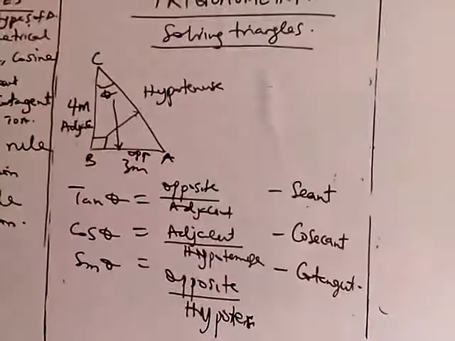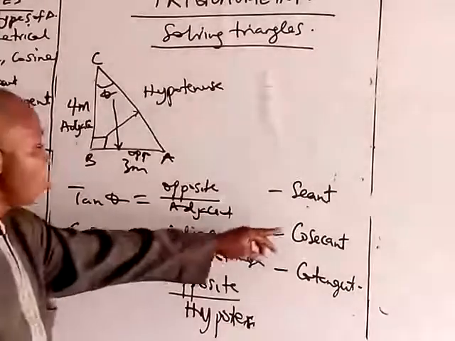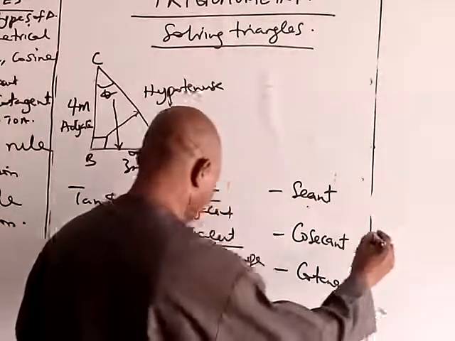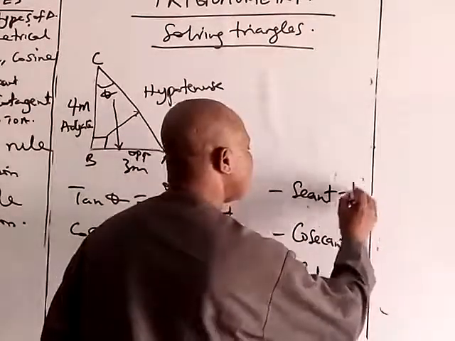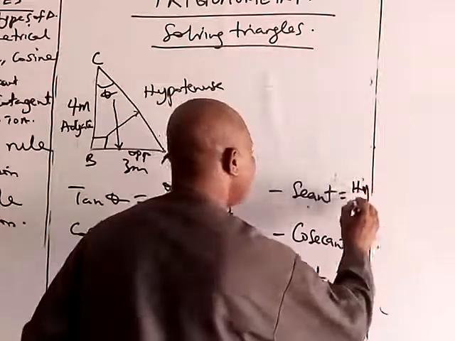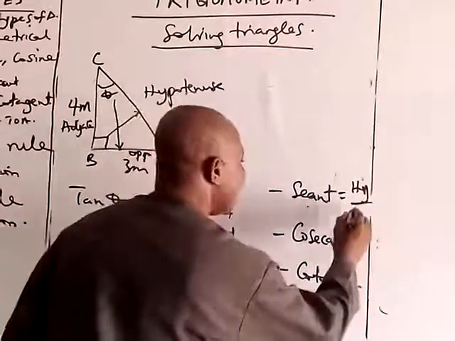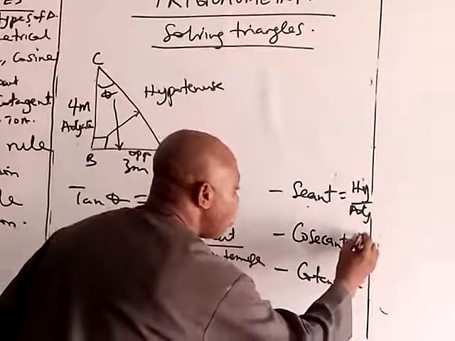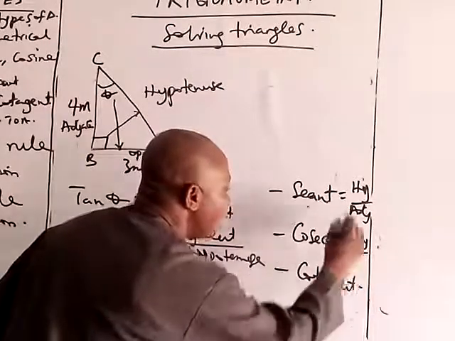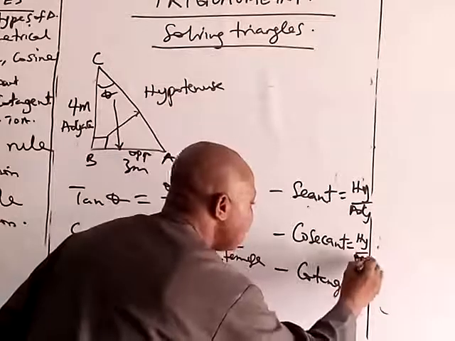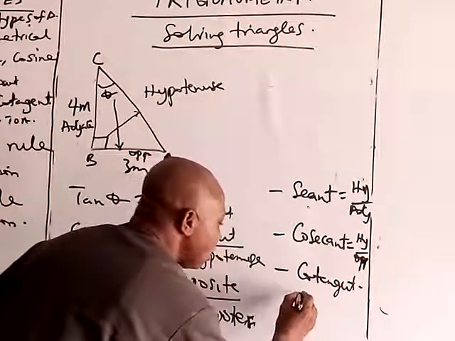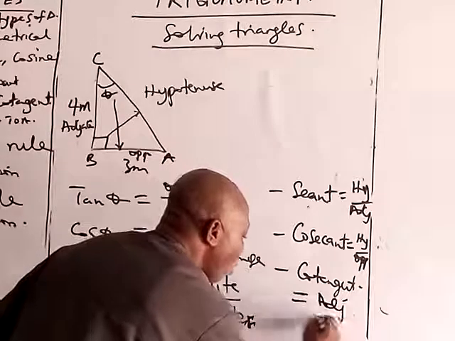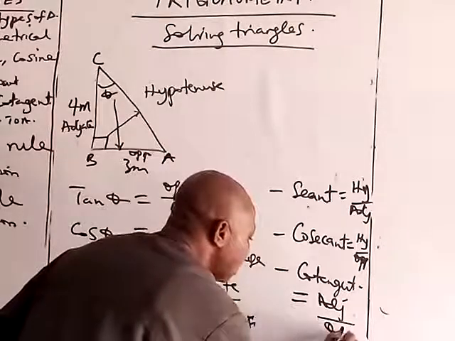The secant is hypotenuse side all over adjacent side, while the cosecant is hypotenuse side all over opposite side, and the cotangent is adjacent side all over opposite side.